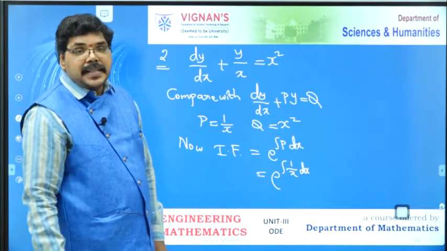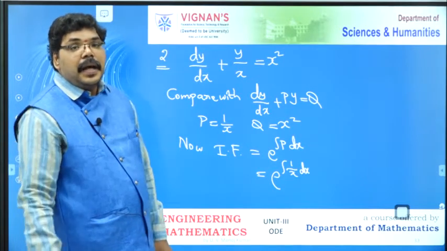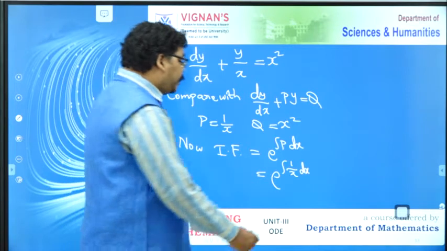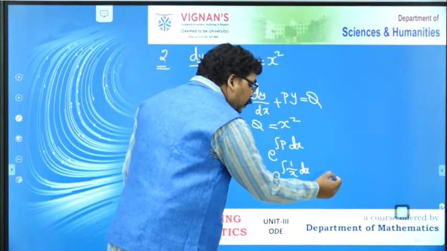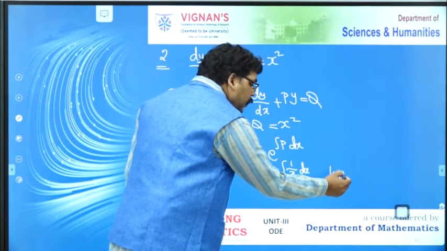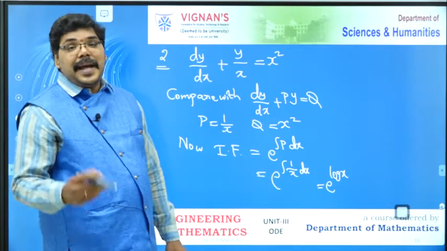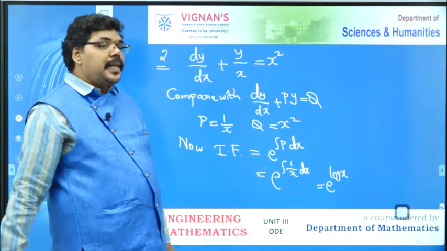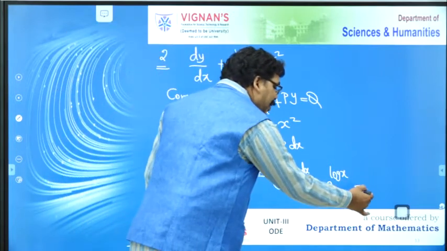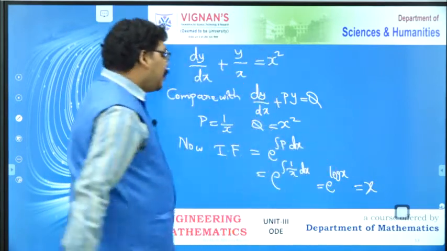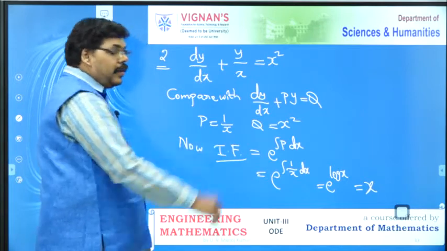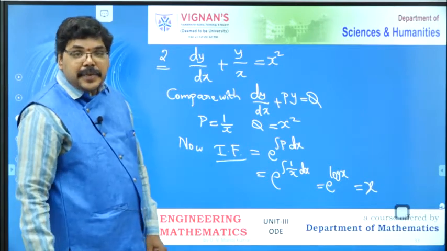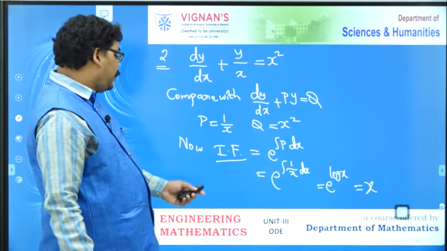So if I integrate 1 by x, what is the integral of 1 by x? Log x. What is the value of e power log x? E power log x is nothing but x. So what is our integrating factor now? Integrating factor equals x.